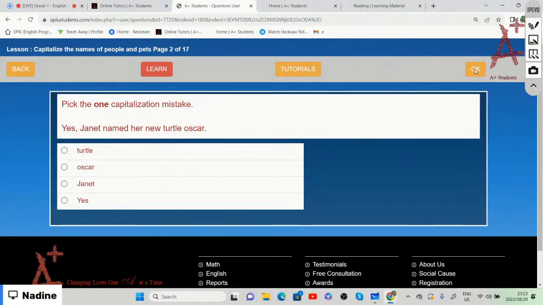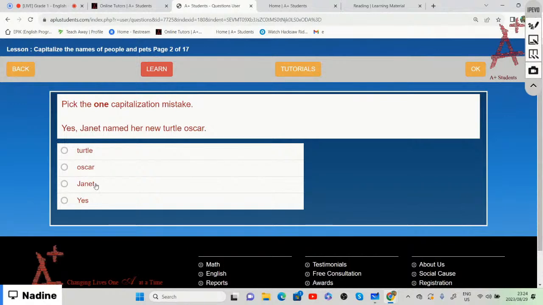Yes, Jeanette named her turtle Oscar. So we need to pick one capitalization mistake within the sentence. Yes, Jeanette or Janet named her new turtle Oscar. So if we select the capitalization mistake, is it turtle? Is it Oscar?